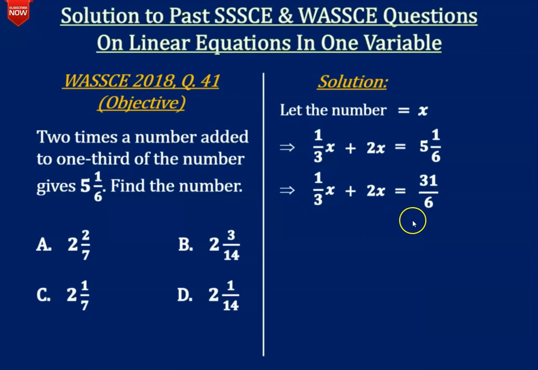Multiplying through by the LCM, 6, we have 6 times 1/3 of x plus 6 times 2x is equal to 6 times 31/6. 3 into 6 is 2, and 2 times x is 2x. Again, 6 times 2x is 12x.